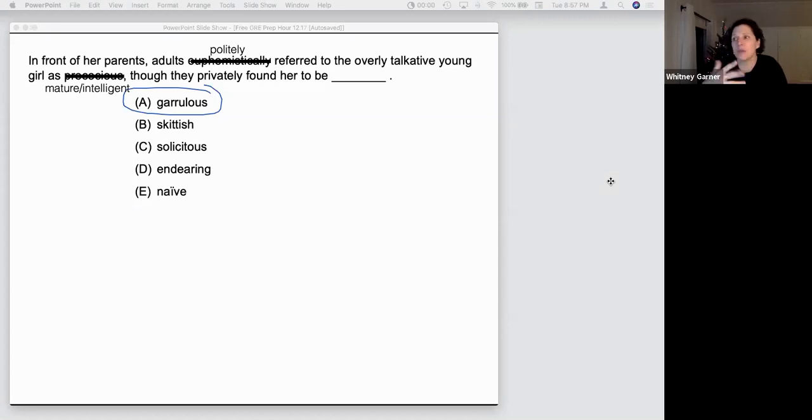Yeah, so maybe dumb, but instead of politely calling her mature and intelligent, how would we not politely refer to a talkative person? We might say just overly talkative, or even annoyingly talkative.